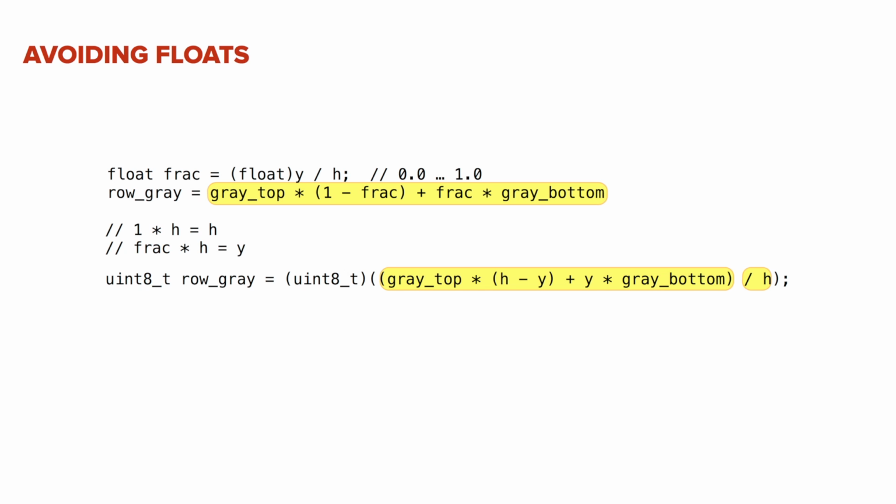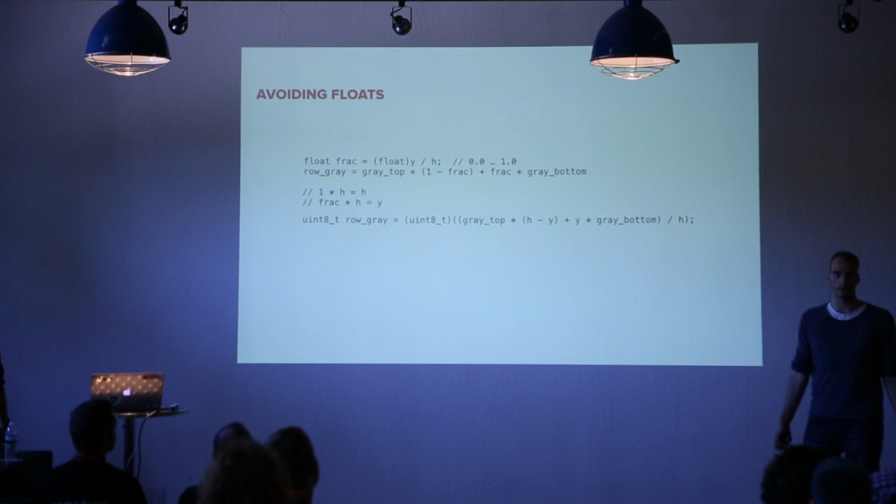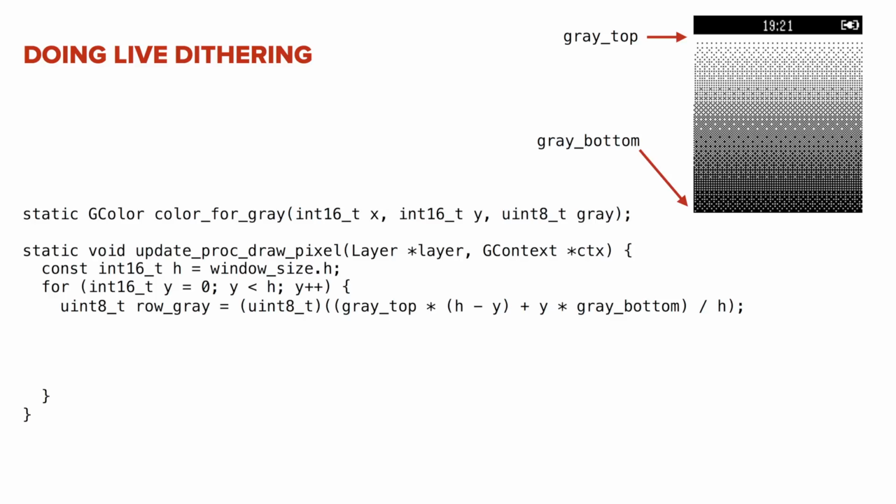And if I multiply it by h, I get to that expression here. Now, since I multiplied it by h, I have to divide by h again in the end. Mathematically, both expressions are equivalent, but you won't see any floats. All right, so this is that expression here.